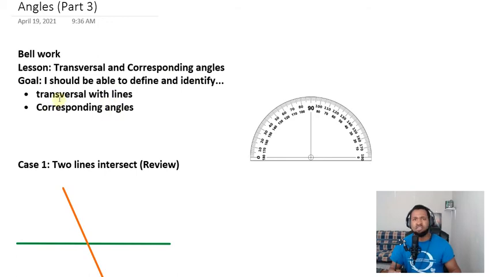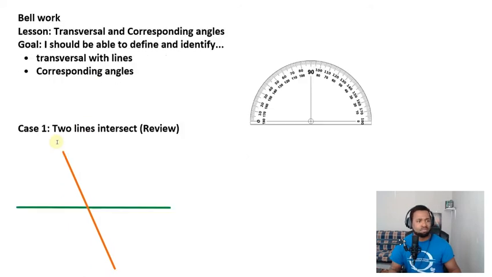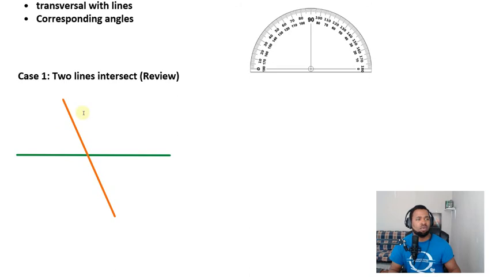All these are key terms to keep in mind, and you also need to be able to identify angle relationships and how lines relate. Looking at case 1, we're going to look at when 2 lines intersect. For intersecting we need 2 or more lines to meet at a point.